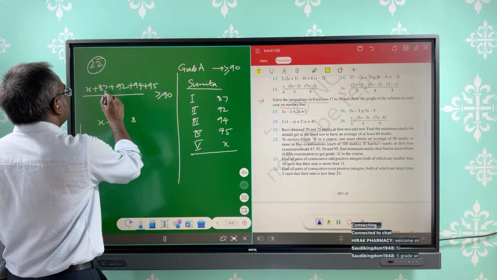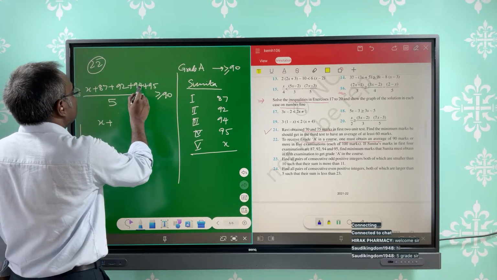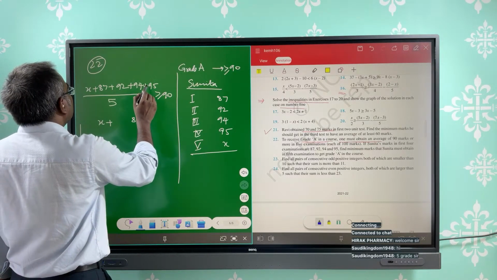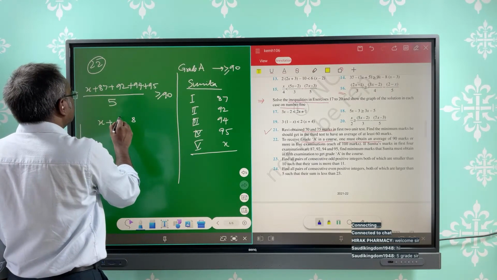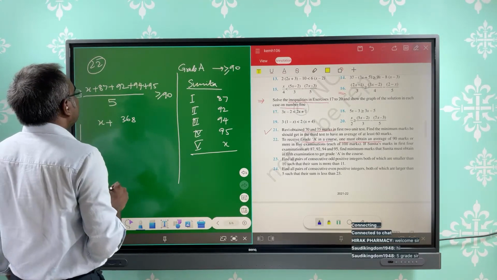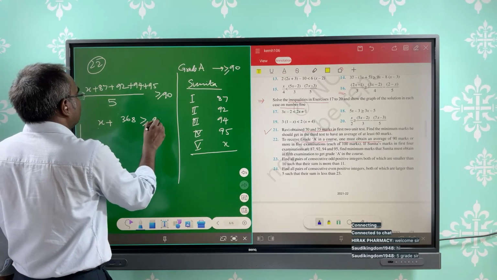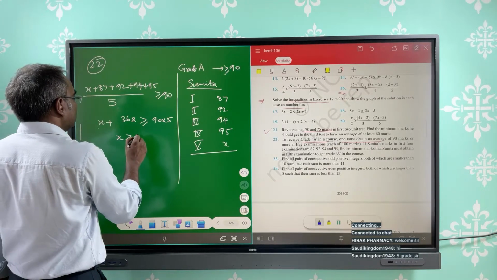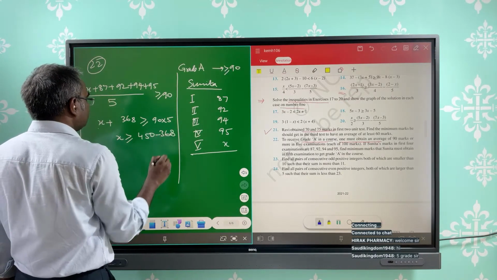Let us sum this: 7 plus 2 is 9, 9 plus 4 is 13, 13 plus 5 is 18, and so on, and the sum is 368. Right. So this is the marks she should have, that is, x should be greater than or equal to 450 minus 368.